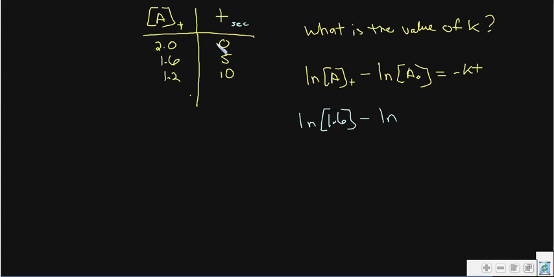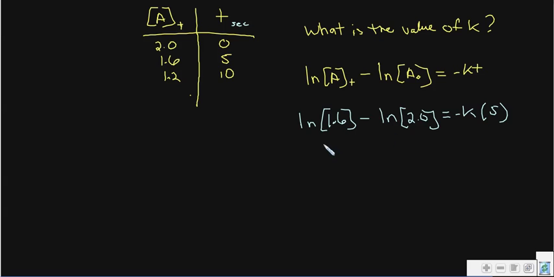We know our starting concentration at time 0 was 2 molar right there, and that equals negative k that we need to solve for, times the time, and this particular molarity was found at 5 seconds, so that's our time right there. So we plug all those values in, and as you can see, this isn't so difficult to solve for.